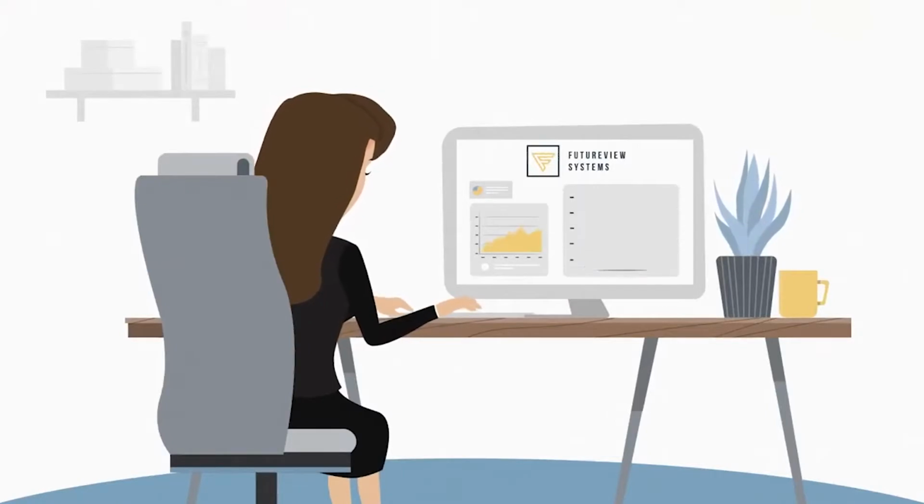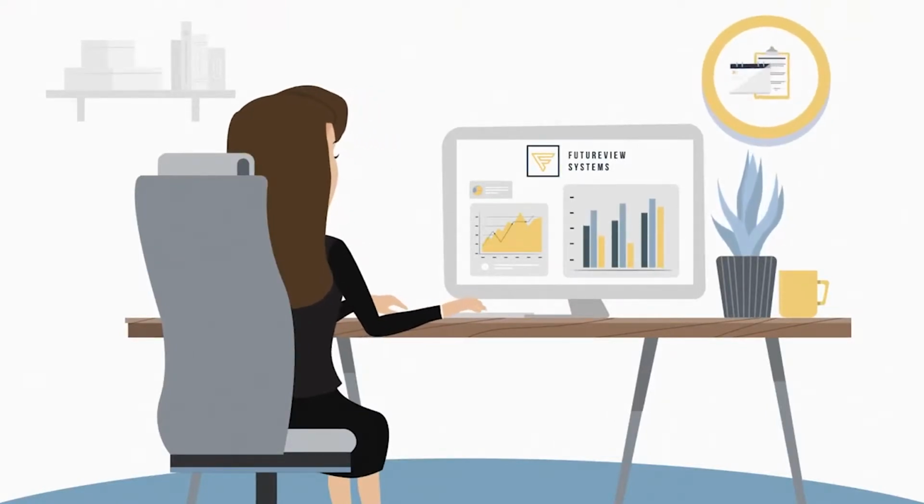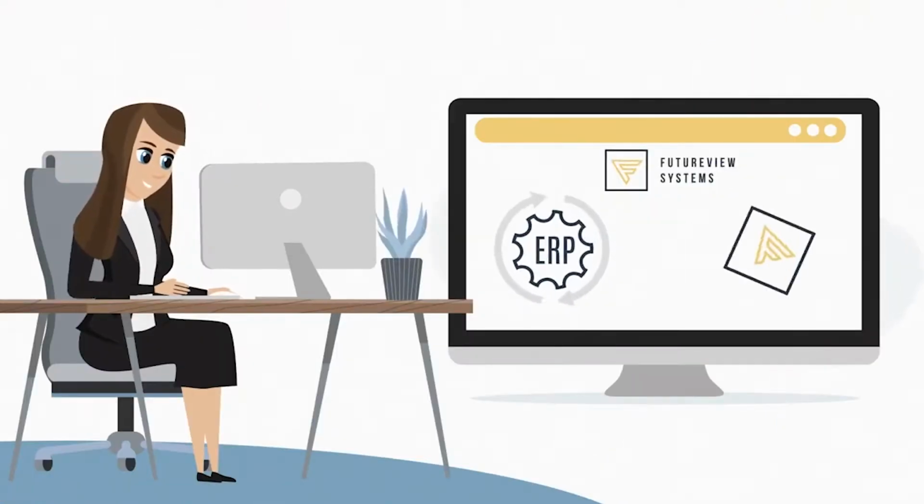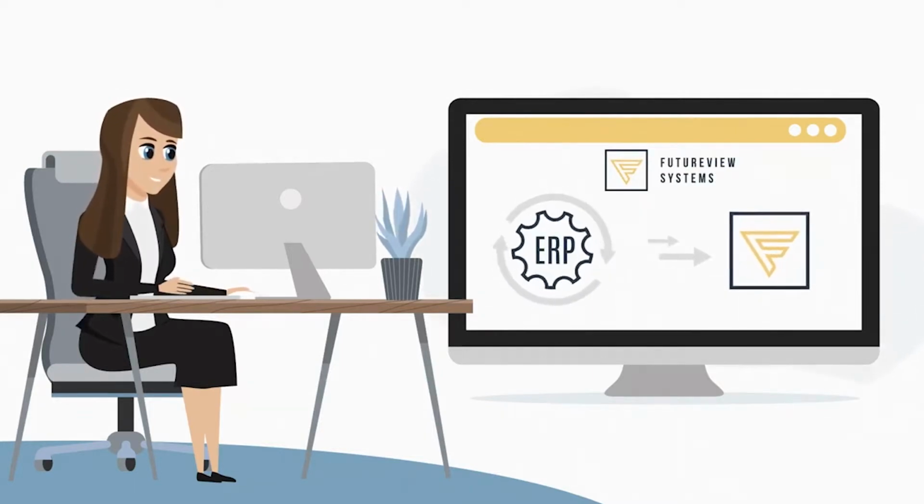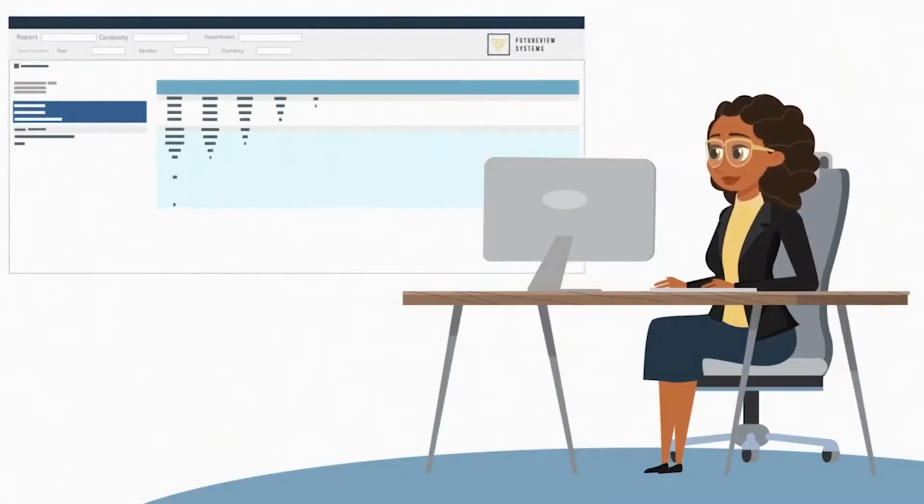With a good OLAP tool and a good system like the FutureView platform, you have the reports immediately available to you, pulling directly from your general ledger, and you can spend a lot more time thinking about what the reports tell you as opposed to just pulling them together.